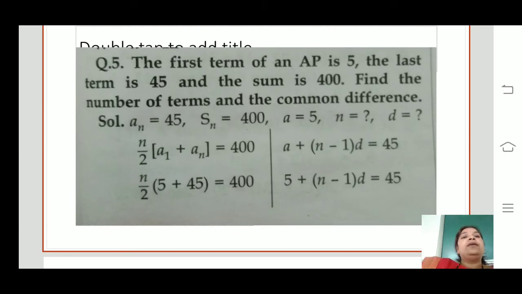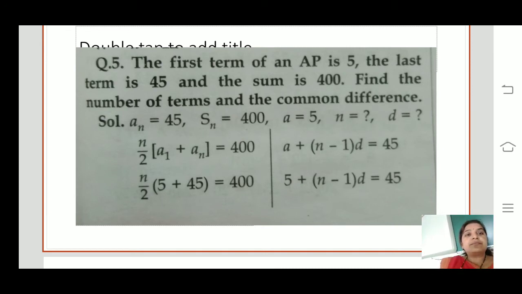Question number 5 is, the first term of AP is 5 and last is 45 and sum is 400, means what is given? An is given 45, Sn is given 400, a equals to 5. Using this we want to find values of n and d.